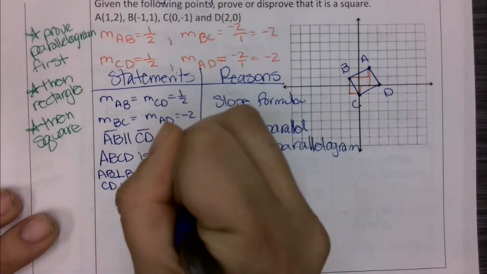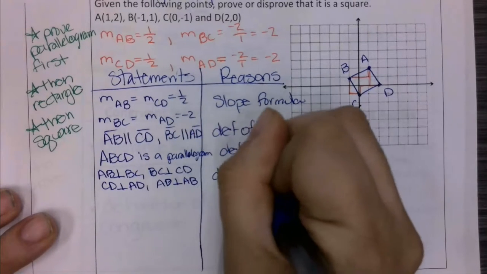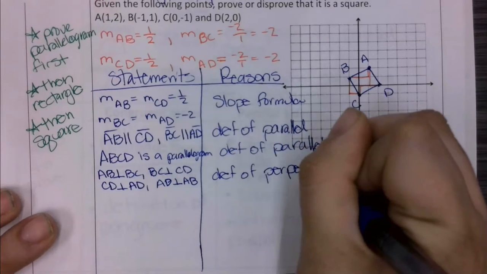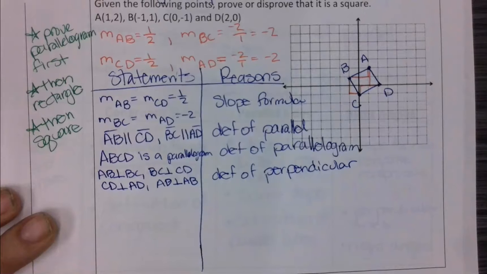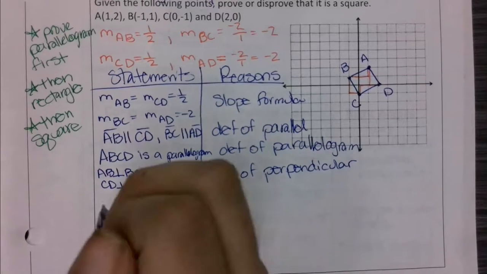And AD is perpendicular to AB. Okay, now that I've said they're perpendicular, I can say that all those angles are right angles.